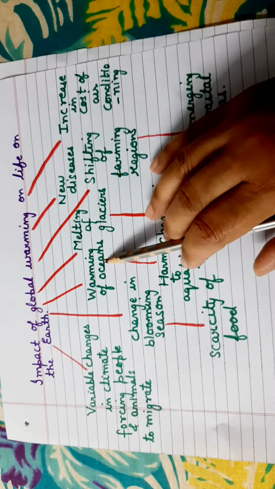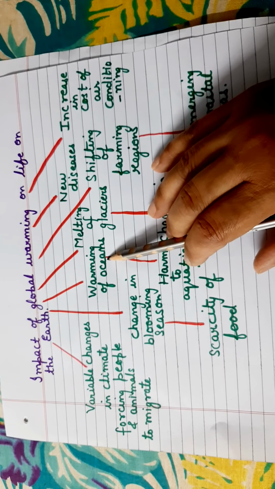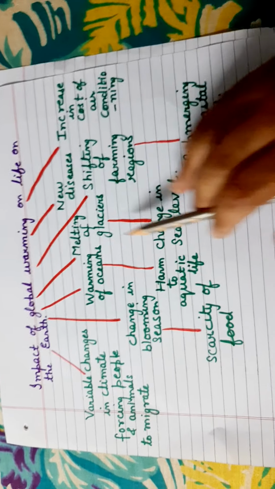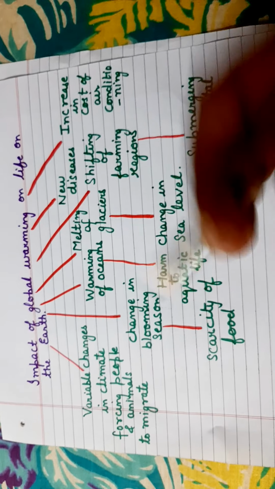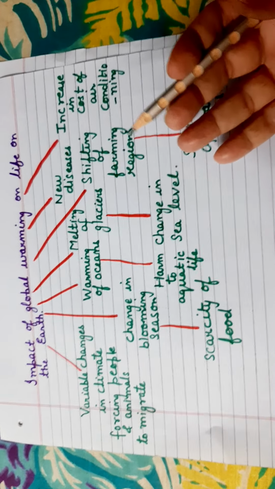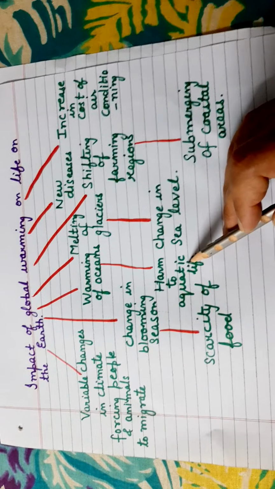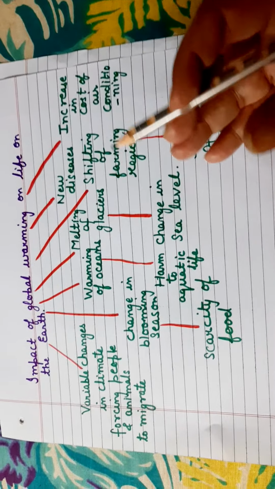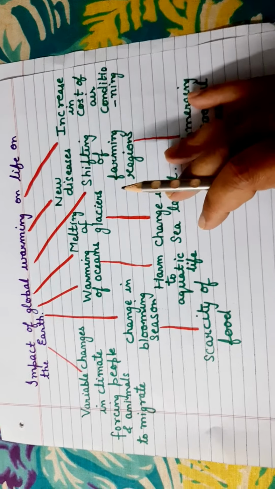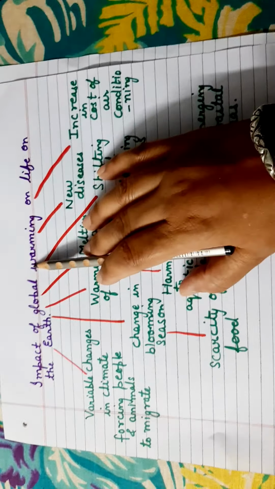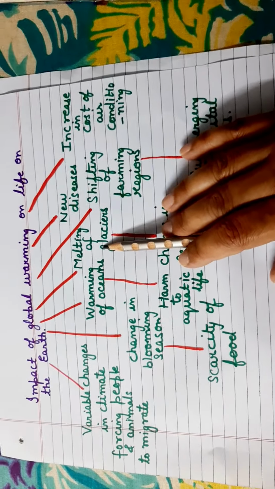Then let us look at the other impact. It is going to cause warming of the oceans, and that is going to harm aquatic life. Indirectly, it's going to have an impact on us. The people who love to eat seafood are going to get affected.